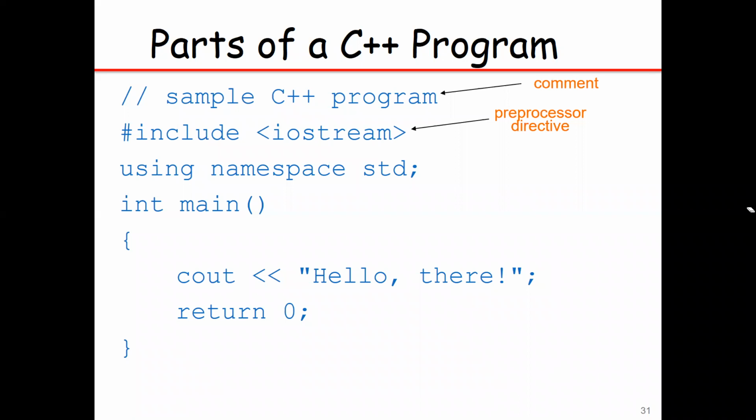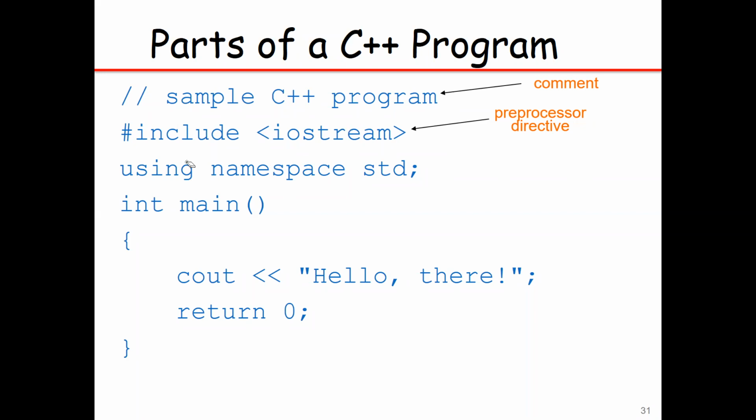The second line is called a preprocessor directive. What this does is associate the input stream and output stream with this program. IO stands for input output stream. If I am not using this line, I cannot use cout, because cout is related to the input output stream.